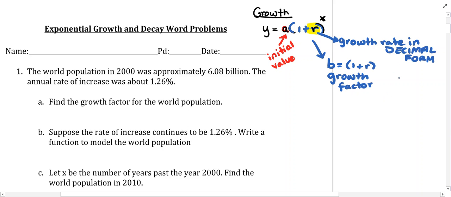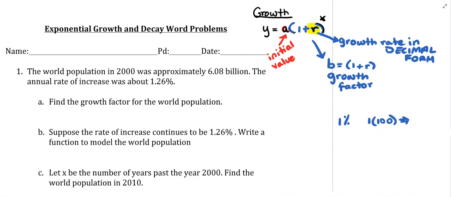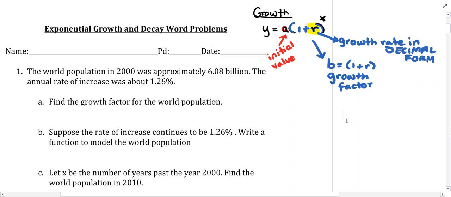Okay, and for those of you that don't remember how to go from percents to decimals, if it's 1%, you take 1 and you move the decimal twice to the left, and that's how you end up with a placeholder.